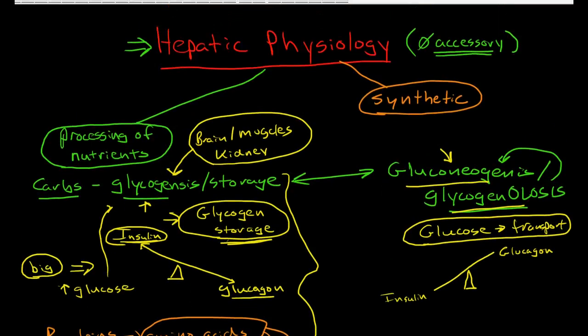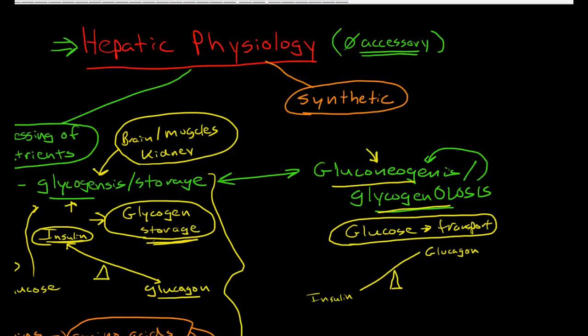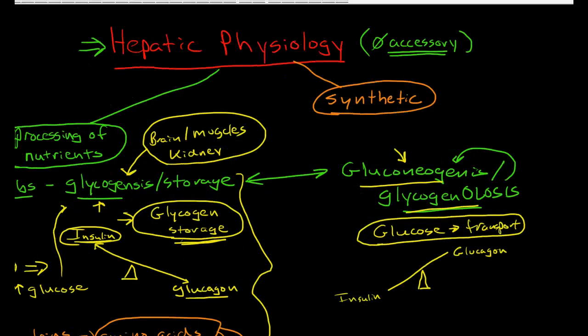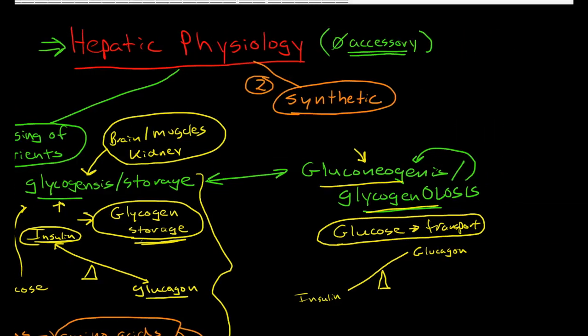So the second one is the synthetic function, and I'll just put in the third one here while I'm talking about it. So we have number one, processing of nutrients. Number two, synthetic function, synthesis. And number three would be protection and clearance.